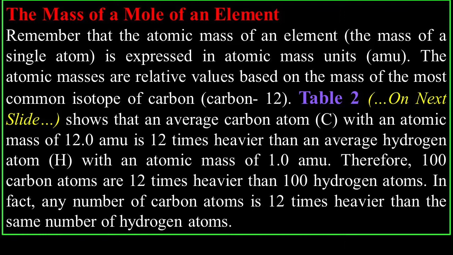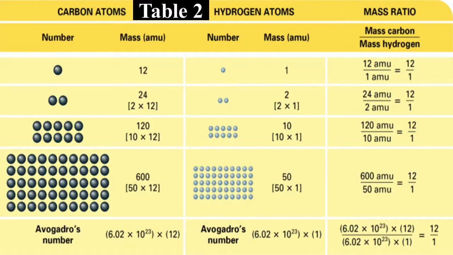In fact, any number of carbon atoms is 12 times heavier than the same number of hydrogen atoms. Well, what we're getting to is that hydrogen is going to be used as the template for finding the atomic mass of an element.